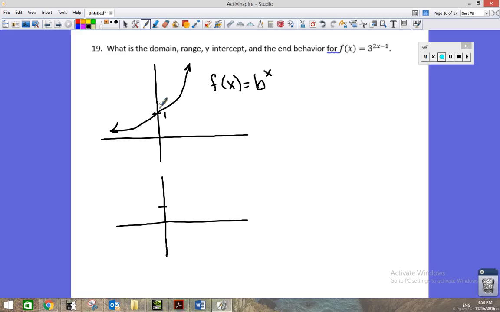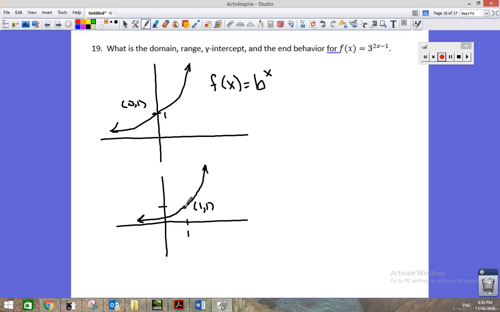So this point that's at 0, 1, gets moved to the right and is over here at 1, 1. And then this 2 is a horizontal shrink by a factor of 2, or 1/2, I mean.